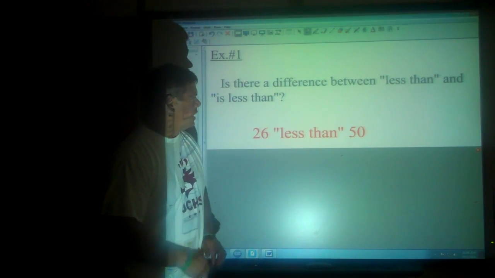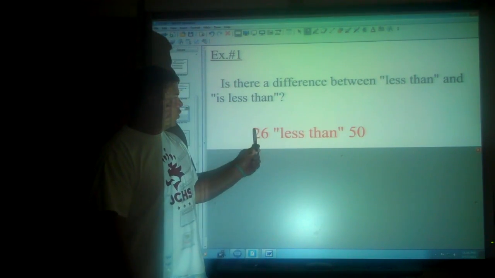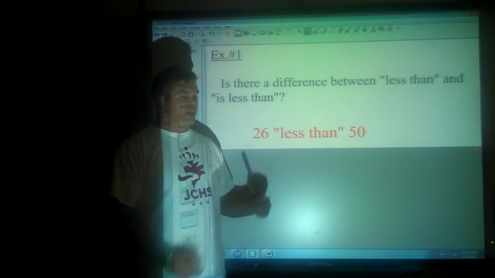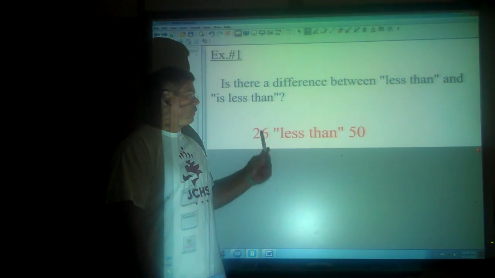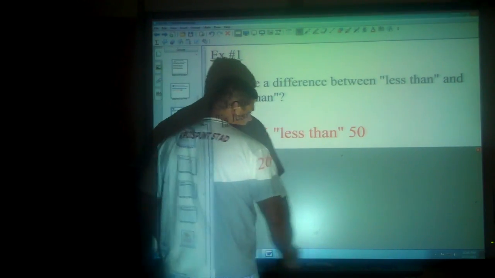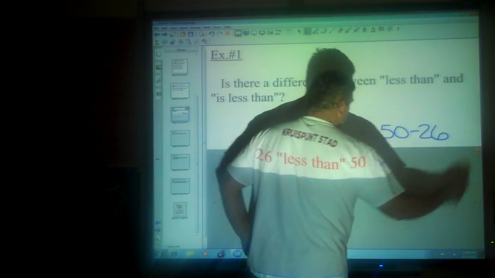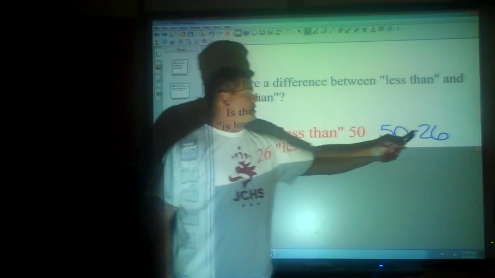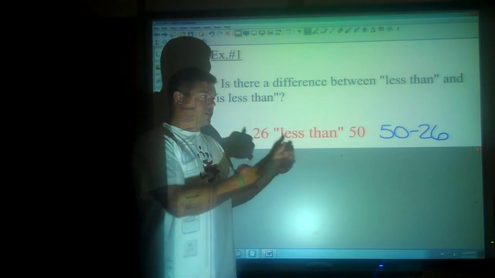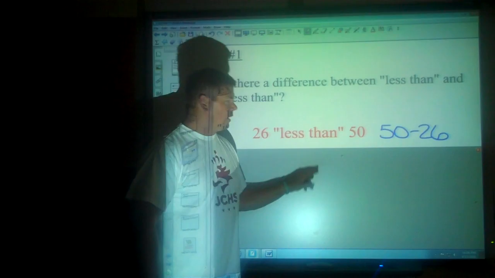If I scored 50 points, but somebody scored 26 less than my 50 points, would that be an inequality or would it be a value? 26 less than 50 translated is this: 50 minus 26. Because we are taking the 26 away from the 50, resulting in a value less than the 50.